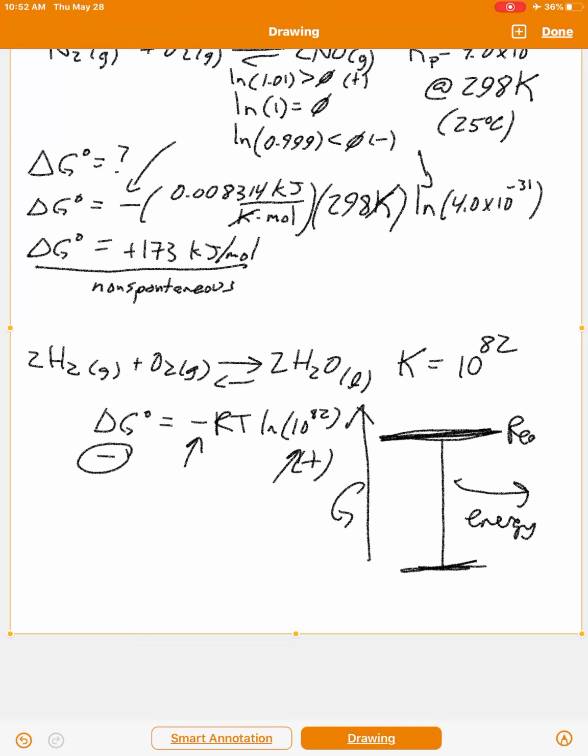If this is the reactants, and this is the products, this will be a spontaneous process. Energy can be released. In other words, delta G is negative, right? That's what that means. G is decreasing. It's releasing energy to the surroundings. If delta G is negative, that means it's a spontaneous reaction, which means you're going to get products, right? You're forming products relative to reactants. So free energy, equilibrium, very powerful relationship.